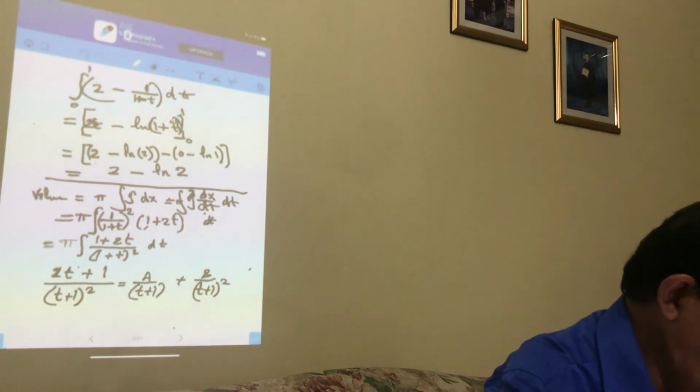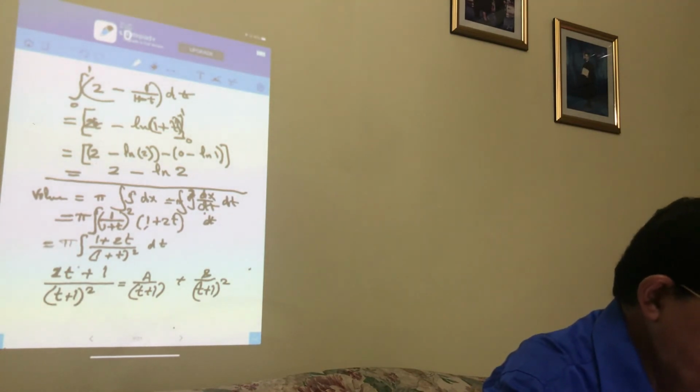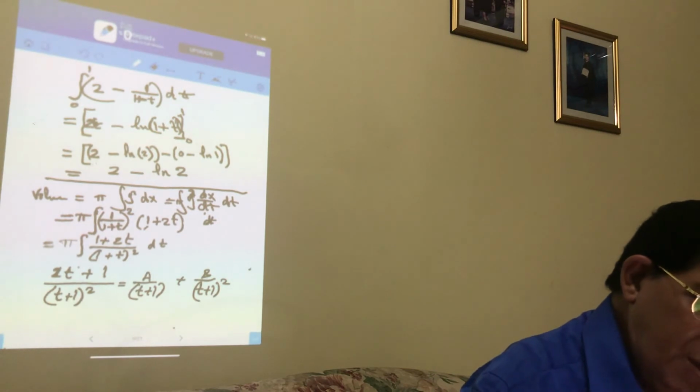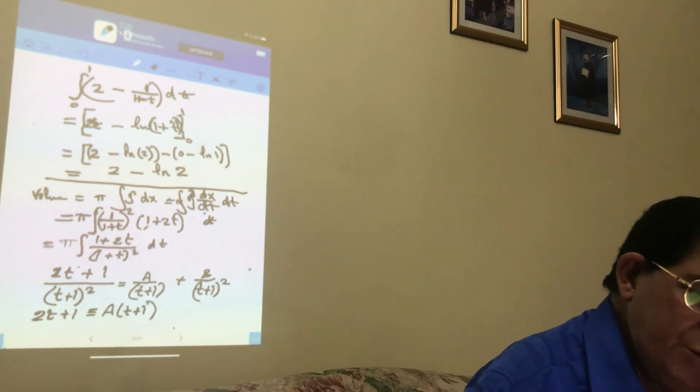This is how we do this partial fraction. We multiply through, so we get 2t plus 1 is identical to a times t plus 1, plus b.